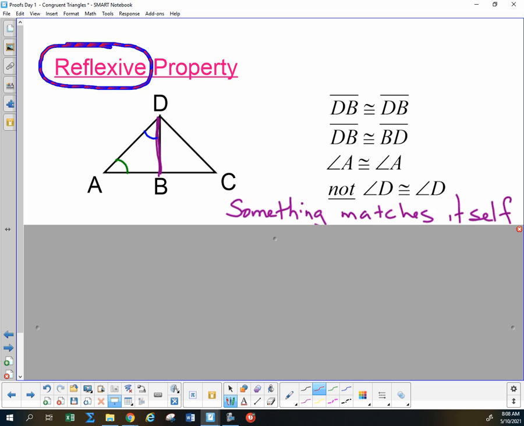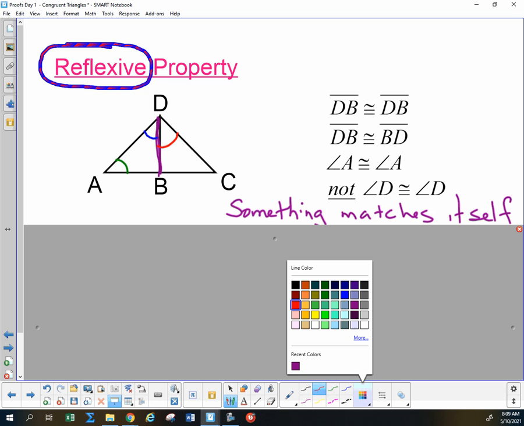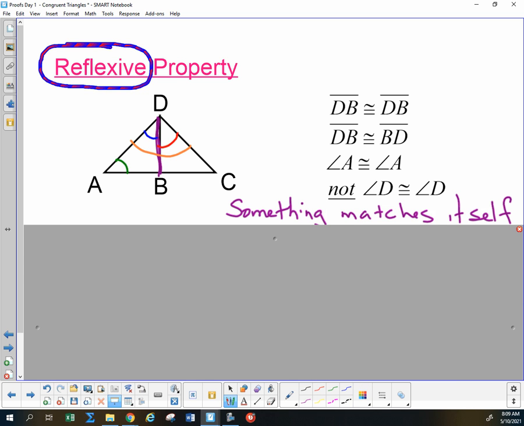I have this one that I will mark in red, angle BDC. Those 2 look congruent. They may or may not be. I don't really know. And I also have angle ADC, the really big one that goes all the way across there. So if I just say angle D, I don't know which one I'm talking about.